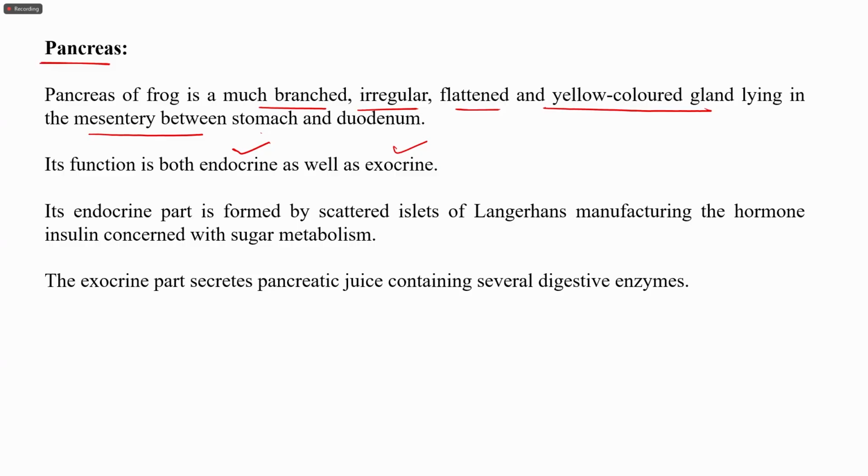Its endocrine part is formed by the scattered islets of Langerhans, just like humans, that manufacture the hormone insulin, which regulates sugar metabolism. The exocrine part secretes pancreatic juice, which contains several digestive enzymes helping in the digestion of food.